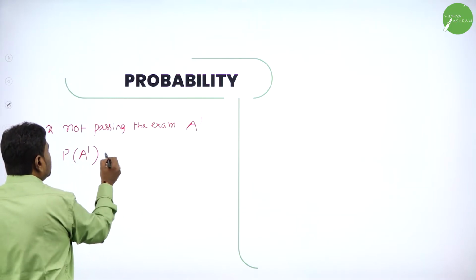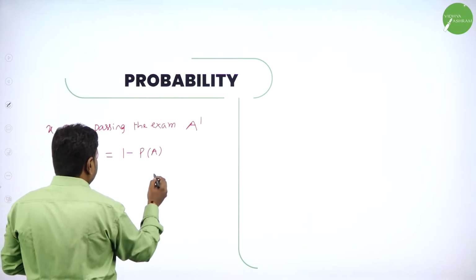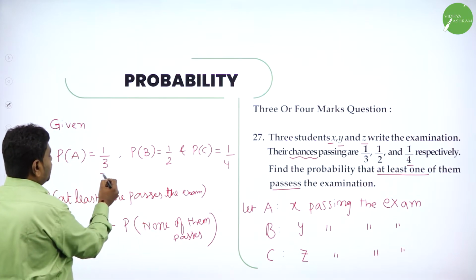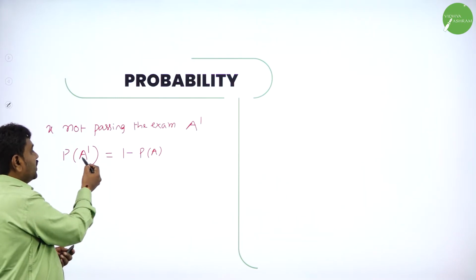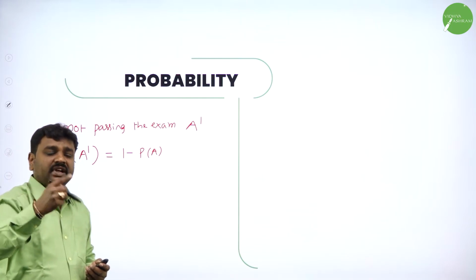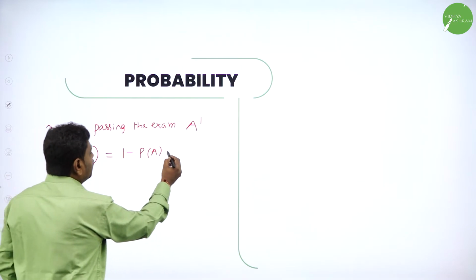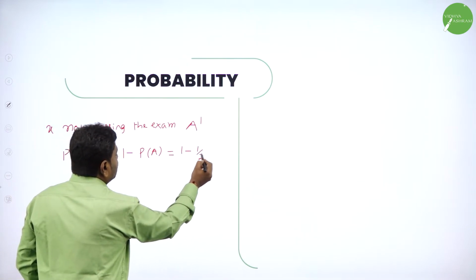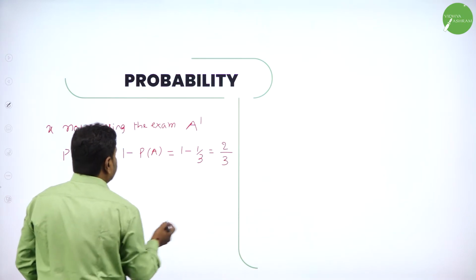Probability of A dash is 1 minus P of A. We know P of A is 1 by 3. A dash means X not passing the exam, which is 1 minus P of A. So 1 minus 1 by 3, take LCM 3, 3 minus 1, 2 by 3.